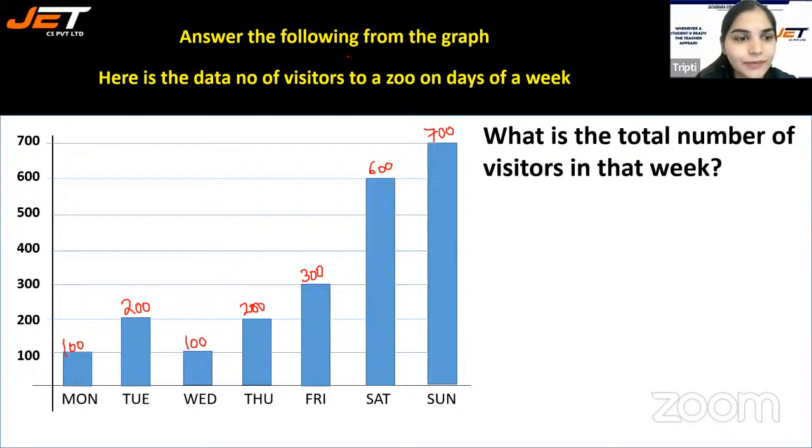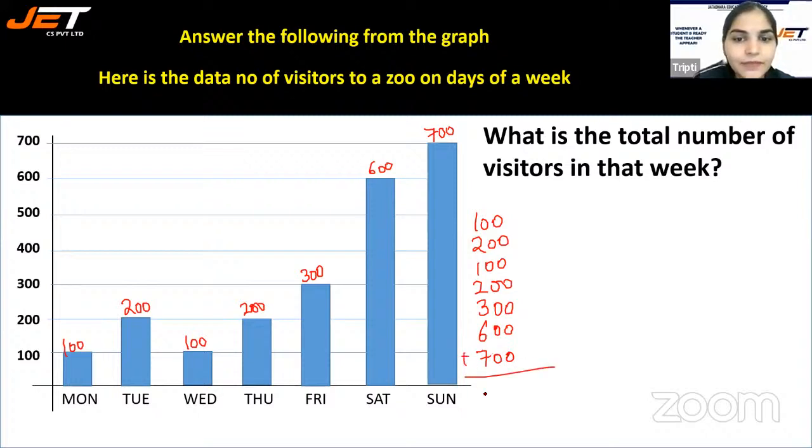Let's add them up. 100 plus 200 plus 100 on Wednesday, 200 on Thursday, then on Friday 300, Saturday 600, Sunday 700.